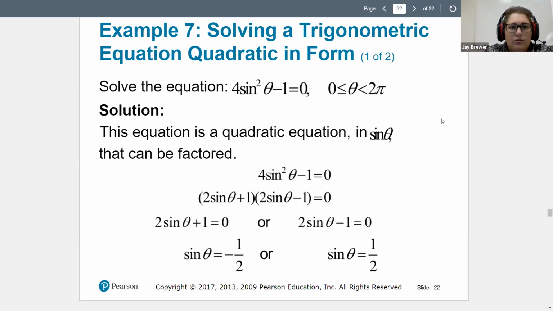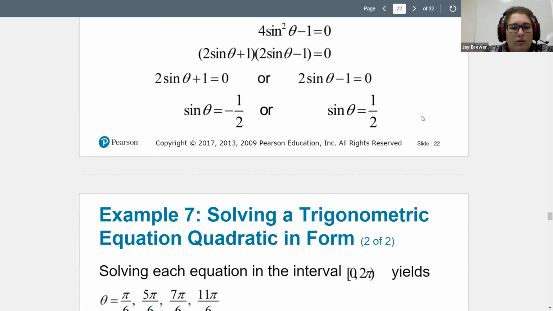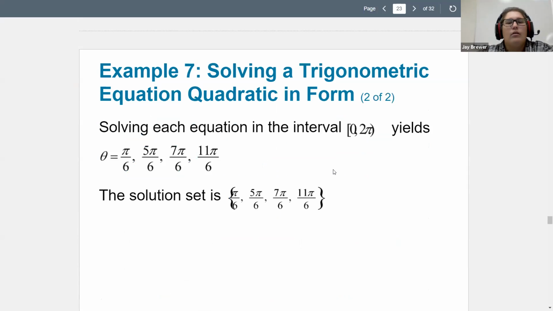Sine theta is no different than x squared, y squared, z squared, whatever you want to make it, as long as you realize that in the end, you have to go through and figure out what theta is. Okay? So here we go. The solutions are pi over 6, 5 pi over 6, 7 pi over 6, and 11 pi over 6. Does anyone have any questions as to how they got to it?